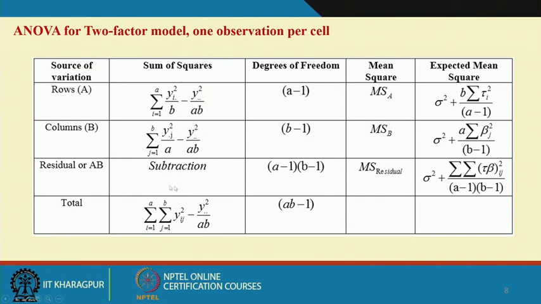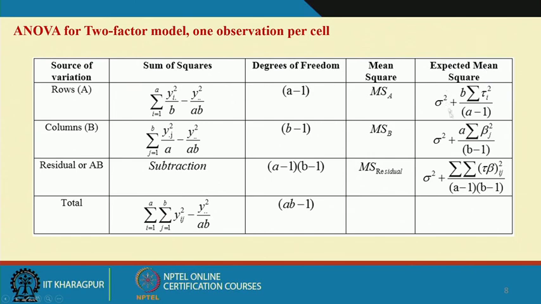Total you compute using other formulas, and then residual or AB by subtraction, and these are the degrees of freedom. Similarly, calculate mean squares and then compute the F, and see whether row treatment effects and column treatment effects are there or not. But please remember, interaction effects you are not putting into the ANOVA, because interaction effect will not be there, and basically only error is there.